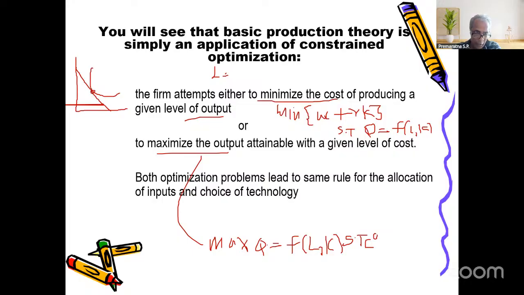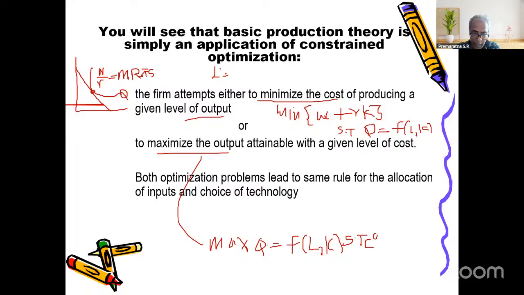We reach the point where the isoquant curve and isocost curve are at the tangent point. That is the first condition: the input price ratio, let's say W is wage and R is the price of capital, equals the MRTS, the marginal rate of technical substitution. That is the slope of the isoquant curve.